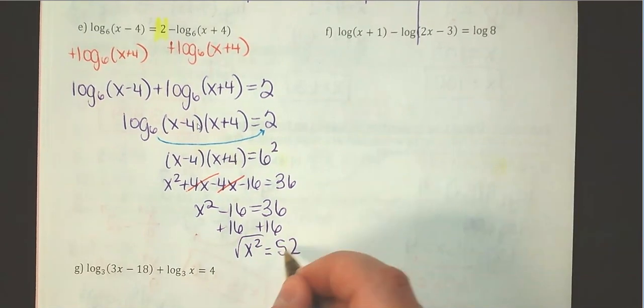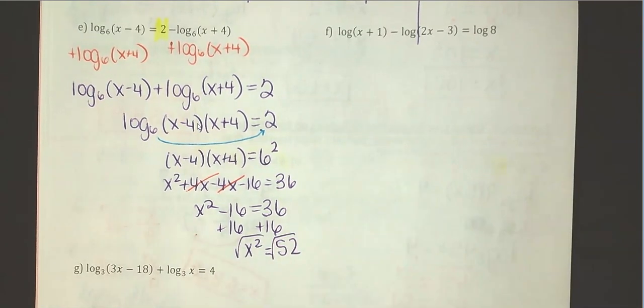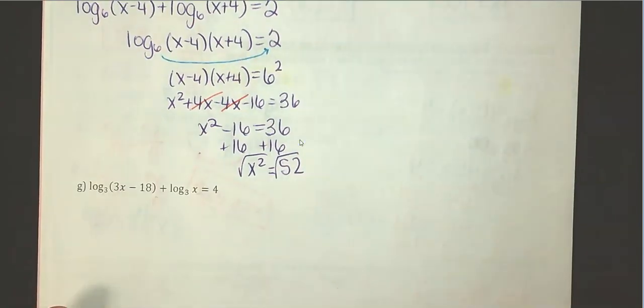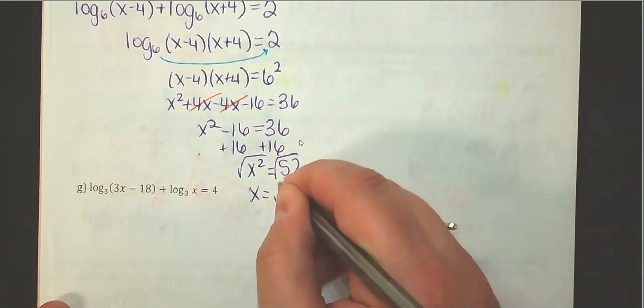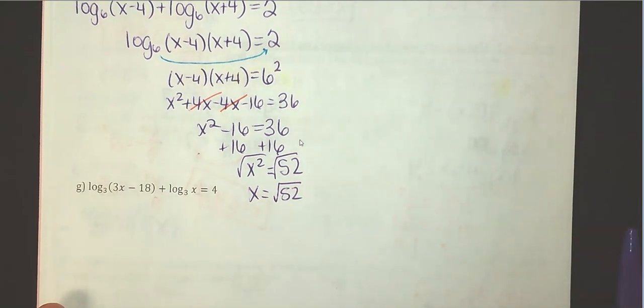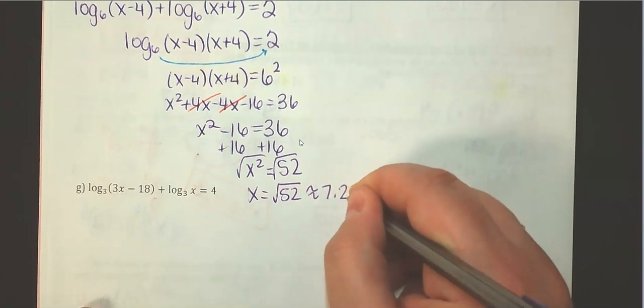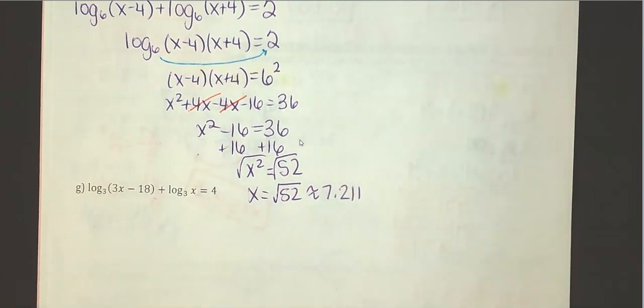Okay, then we're just going to take a square root. However, we are not going to put a plus and minus because if I get a negative answer, if I were to plug it back into the original problem where I have that x minus 4 in the log, it's going to take a negative number as a log, so don't put the plus and minus here. It should actually just be positive square root of 52. If you want to do that on your calculator real quick, it's about 7.211 to 3 decimal places.